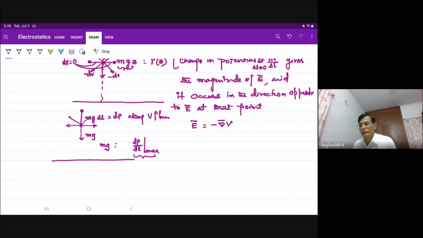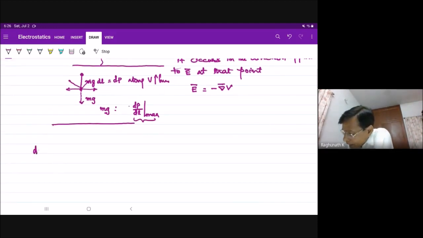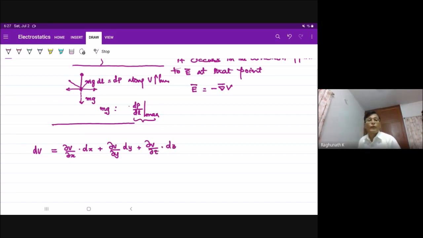Proof is simple. We know that dV, the change in potential, the change in any function V as a function of x, y, z. dV is what? Dou V by dou x into dx, dou V by dou y into dy, dou V by dou z into dz is the total differential when V is a function of x, y, z.